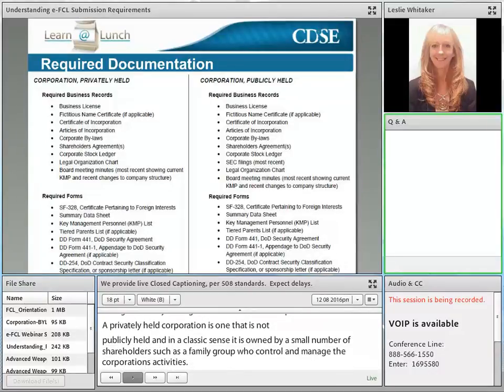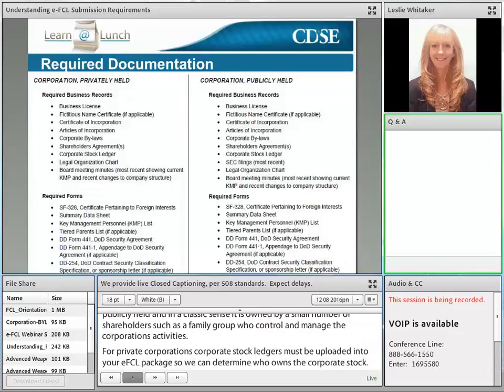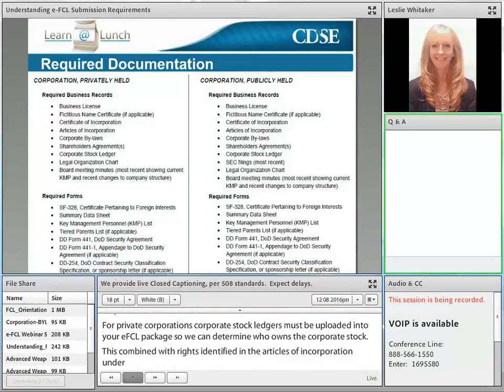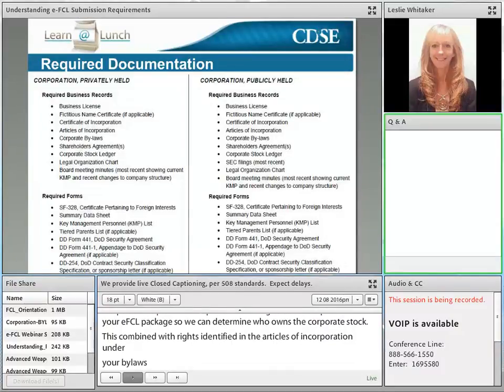This, combined with the voting rights identified in the Articles of Incorporation and/or your bylaws, will help us validate who has the ability to make corporate decisions and who must be cleared in conjunction with your facility clearance. Shareholder agreements must be uploaded into eFCL as they help us determine who owns the corporation and what influence or control they have in overseeing the day-to-day operations of the company.